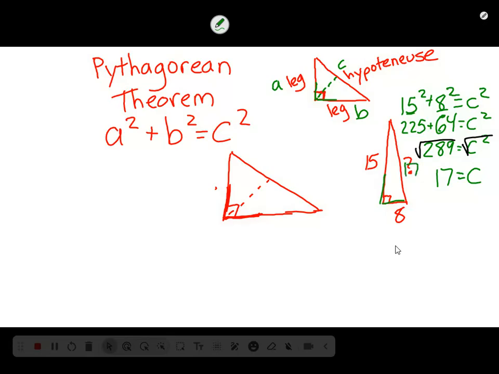17 is bigger than 15. Like it really wanted to know what if that leg is longer than the hypotenuse. Do you think that would ever be possible? It's actually not possible for a leg to be longer than the hypotenuse.